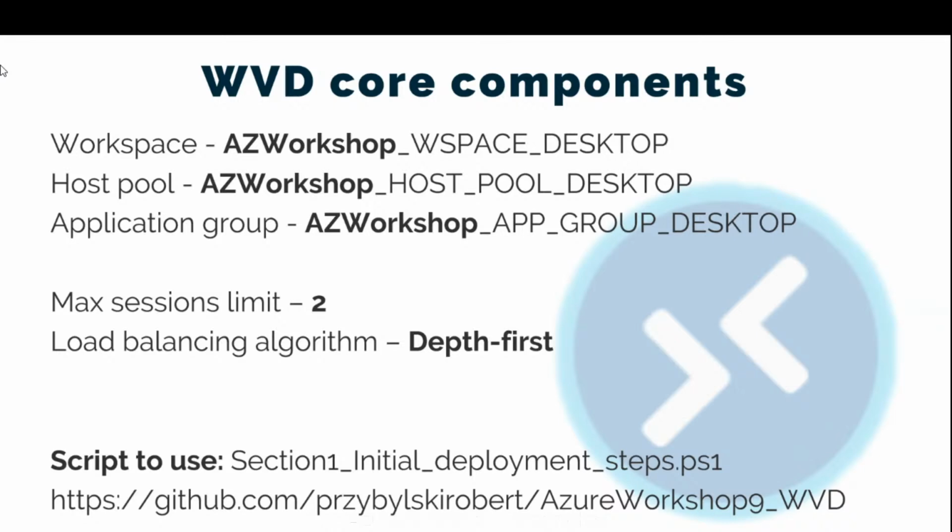There is one thing that we need to do. Please go to this GitHub repo. I will put this URL in the chat, and then download this particular file, which is section 1 initial deployment steps. So let me just type the URL into the chat.